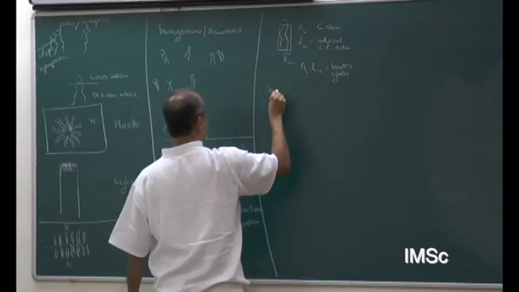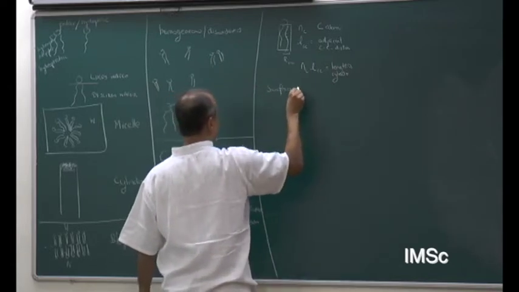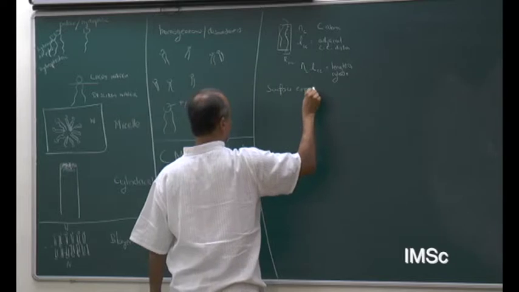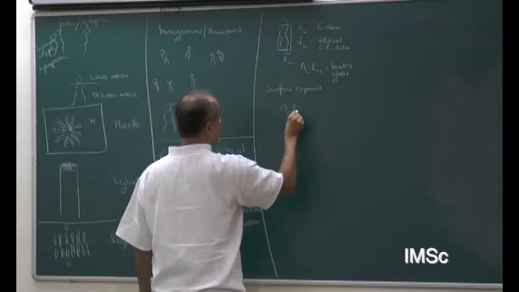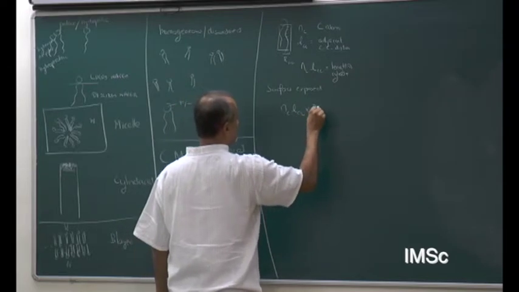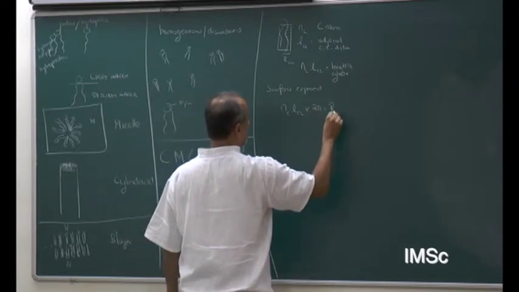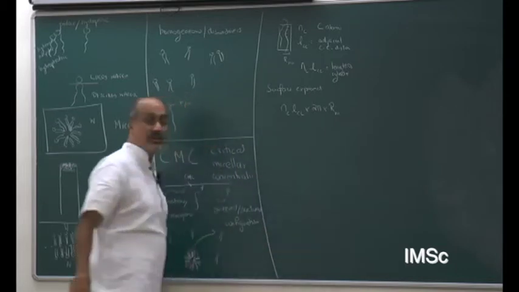So the surface exposed, when I take a molecule from inside and put it outside, is Nc times Lcc times 2 pi times r_hc, hydrocarbon tail. You agree with that?